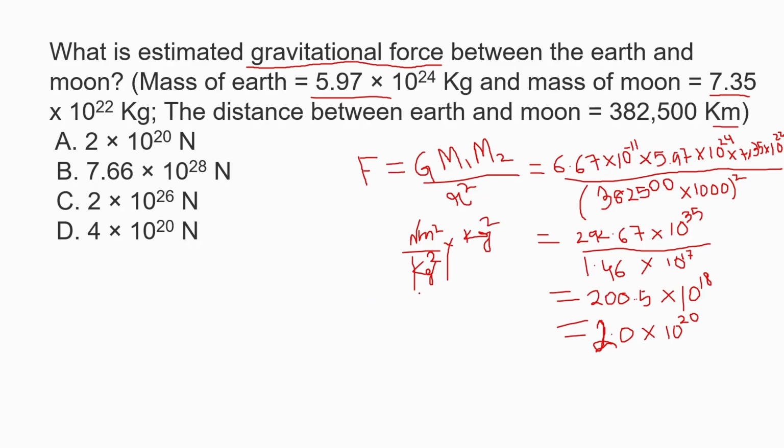And then this entire thing is divided by R. We've converted this to meters, so that is meter square. These units will get cancelled out. Meter square will also cancel out, so the remaining is Newton, which is the unit of force as well. So our answer would be 2 into 10 power 20 Newton. Option A will be the correct answer.